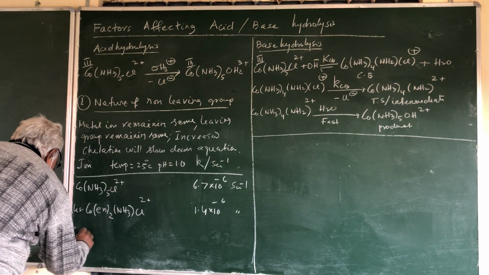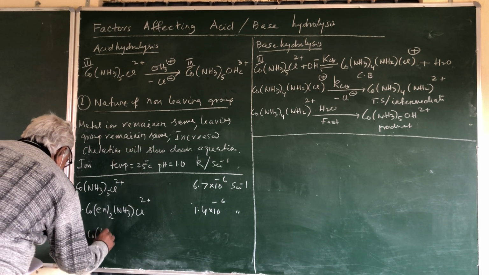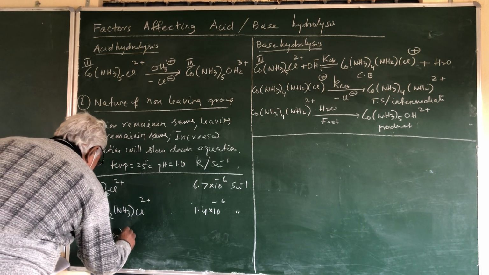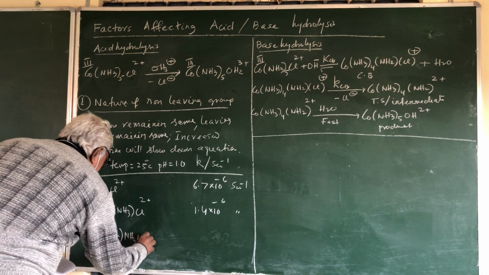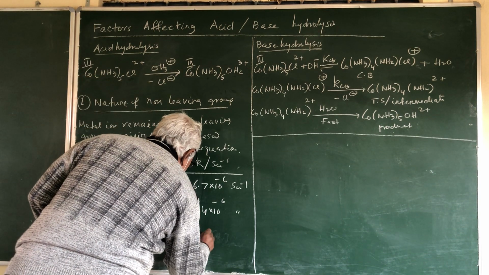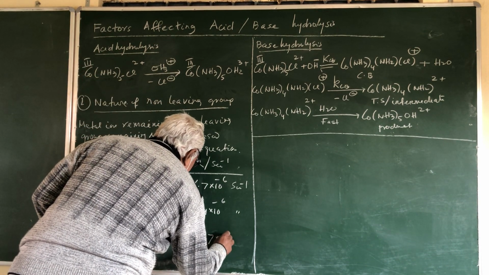Then cis, the rate constant is 0.67 into 10 to the power minus 6.